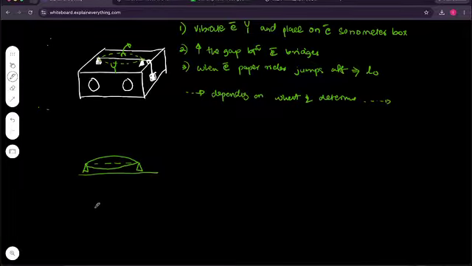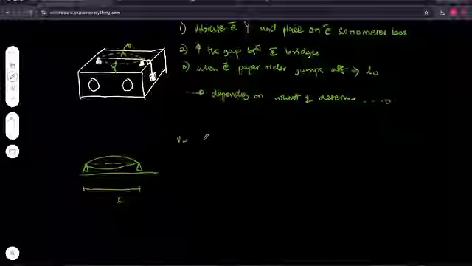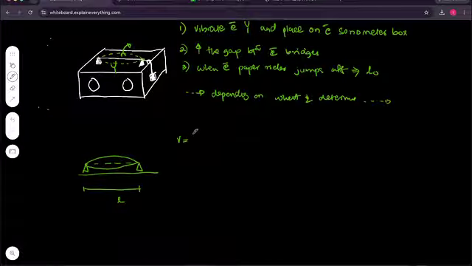Let's say the length of the wire is L. The velocity of a transverse wave on this wire is given by v equals root T over m.